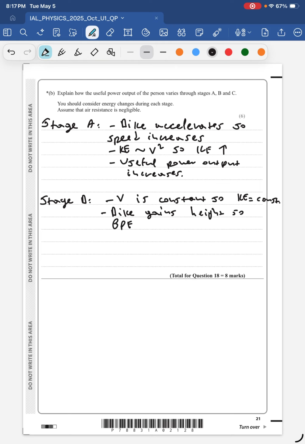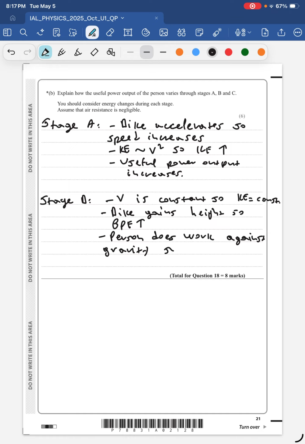So GPE increases, okay? So the person does work against gravity, okay?